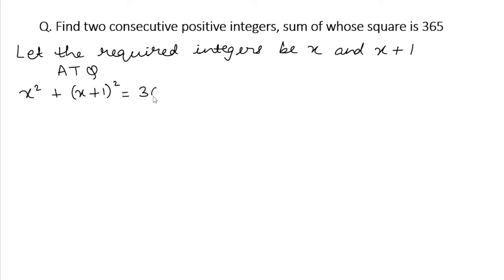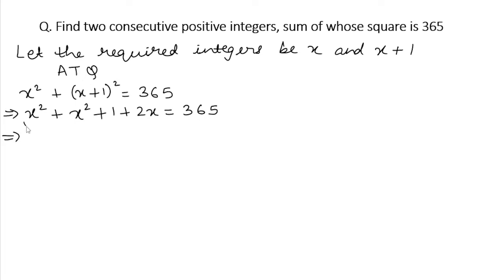equal to 365. Now this x square we will write as it is, and this x plus 1 whole square we are going to expand using the identity a plus b whole square. So this is a square plus b square plus 2ab. This is equal to 365.